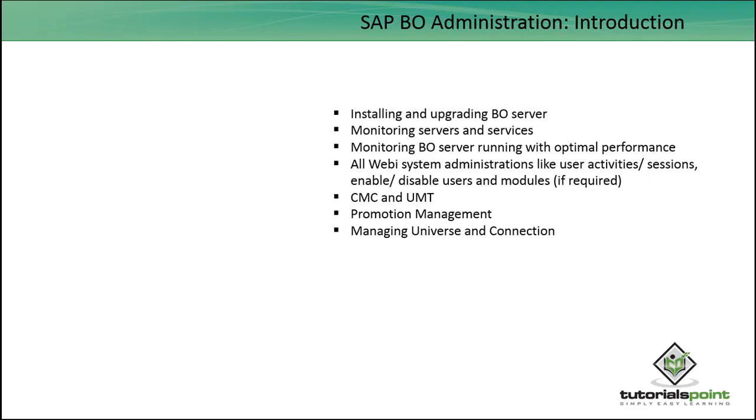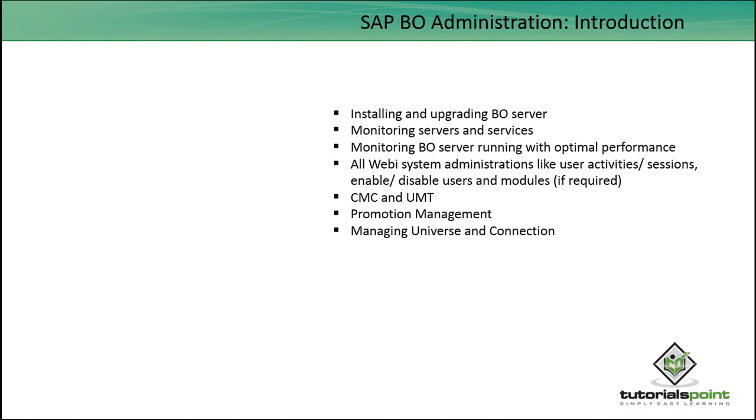After that, we have monitoring servers and services. What is the difference between the server and the services? The BI platform uses the terms server and services, and they are two different types of software running on the BI platform computer. A service is a server subsystem that performs a specific function.